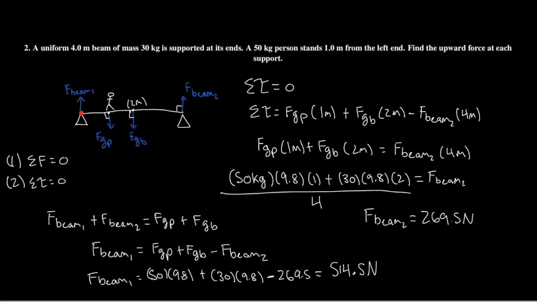Therefore, that left support is going to have a higher normal force onto the beam. So our intuition that the left support, or the first support, should have a higher force is true because 514 is bigger than 269. So this is how we could solve for problem number 2. Let's take a look at number 3.